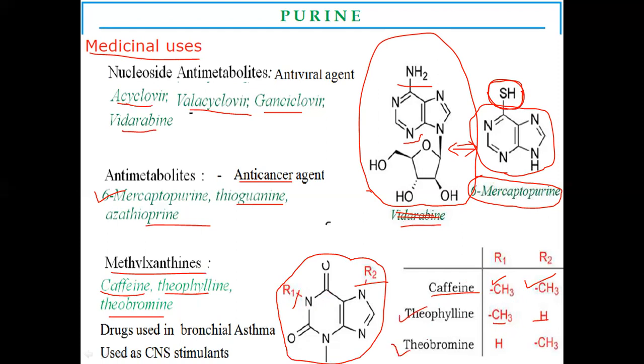Theobromine has hydrogen and CH3. All these methylxanthine derivative drugs are generally used in bronchial asthma and act as CNS stimulant agents. These are some examples of purine-containing heterocyclic moieties present in drug structures: vidarabine, 6-mercaptopurine, caffeine, theophylline, and theobromine.